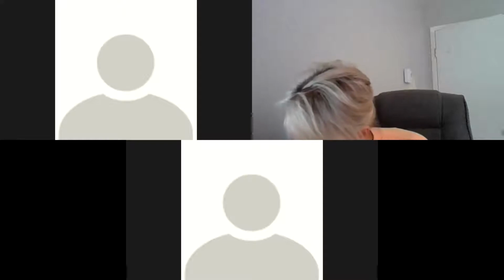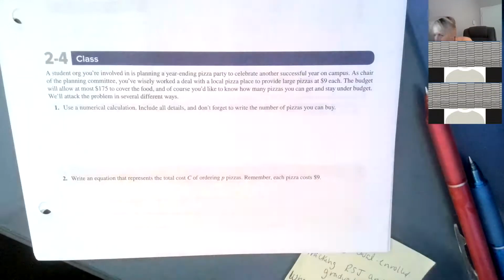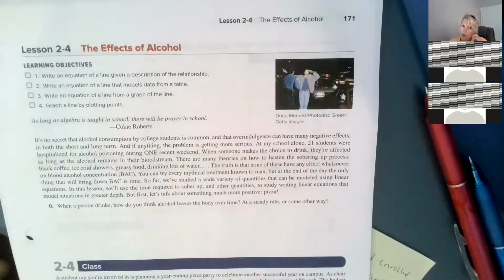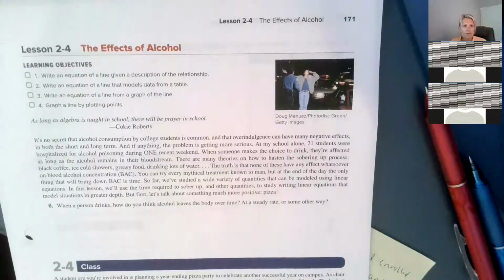So we are going to look at 2-4. So we're going to move to page 171. Okay, hopefully everybody's back for 2-4. So 2-4, our title is called The Effects of Alcohol, which we are going to do an example with later on in the lesson.